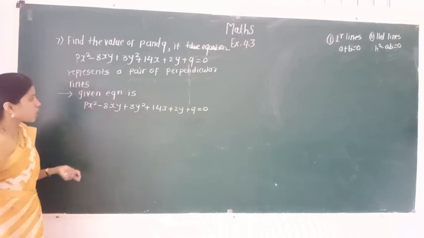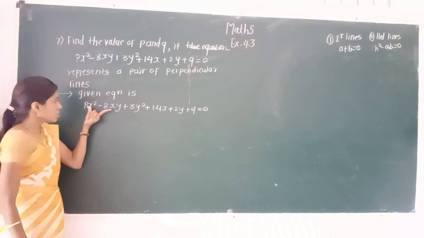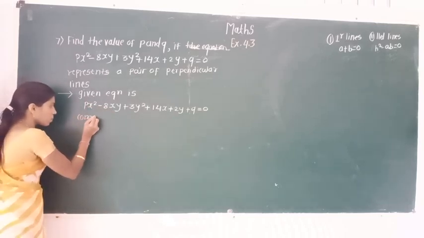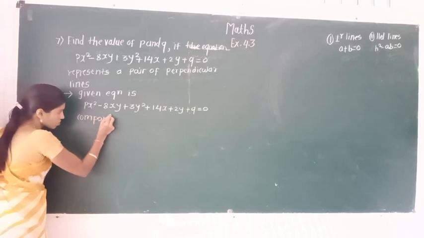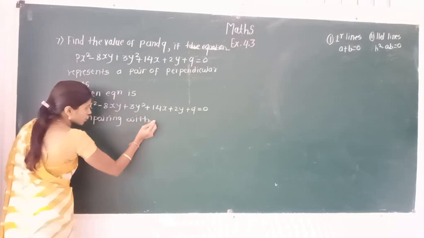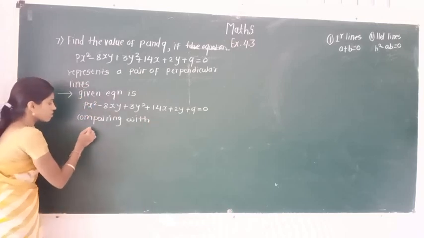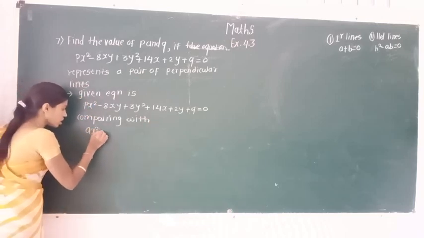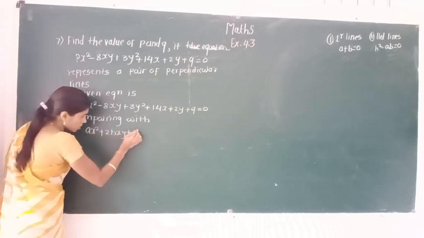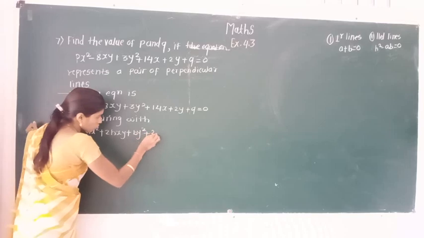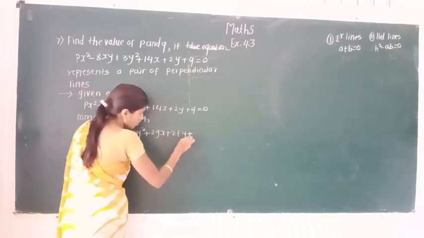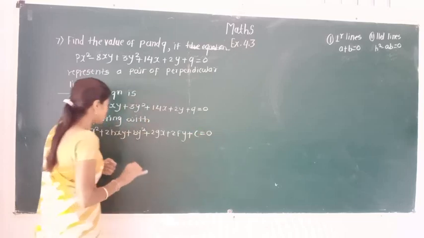So for finding all those values, we compare the given equation with the general second degree equation, and we know the general second degree equation is ax square plus 2hxy plus by square plus 2gx plus 2fy plus c is equal to 0.